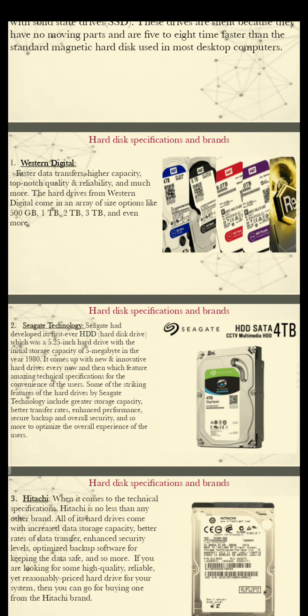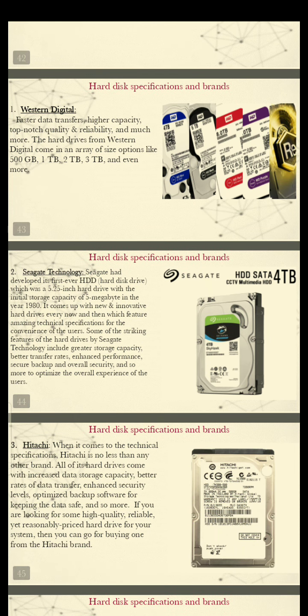Next is Western Digital, with faster data transfer, higher capacity, top-notch quality and reliability, and much more. Western Digital hard disks appeal to many because of their fast data transfer, high capacity, and quality.